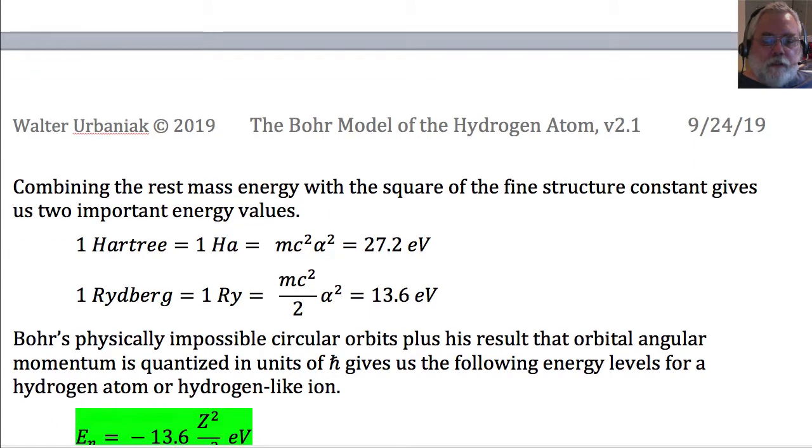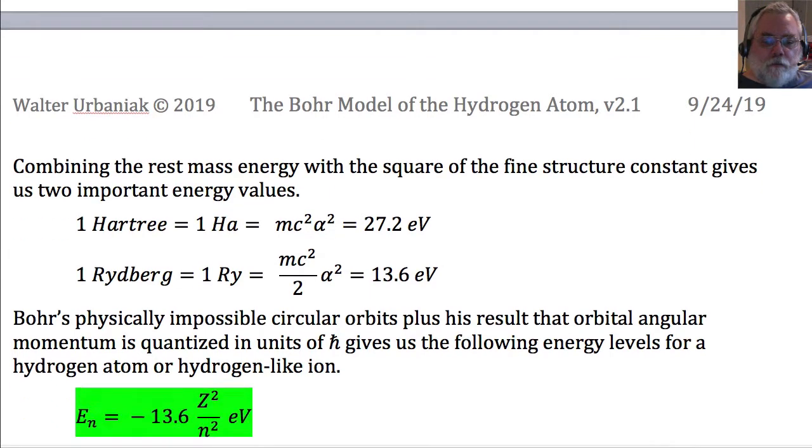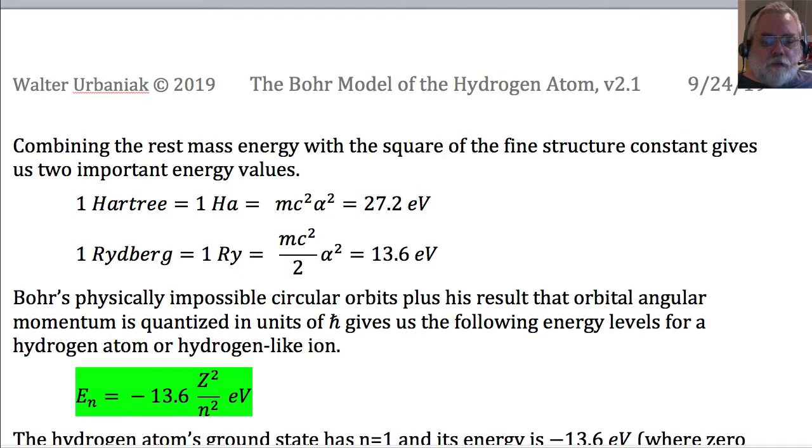Bohr's physically impossible circular orbits, plus his result that the orbital angular momentum is quantized in units of h-bar, gives us the following energy levels for a hydrogen atom or a hydrogen-like ion. The nth energy level is minus 13.6 electron volts times the atomic number z squared divided by n squared.